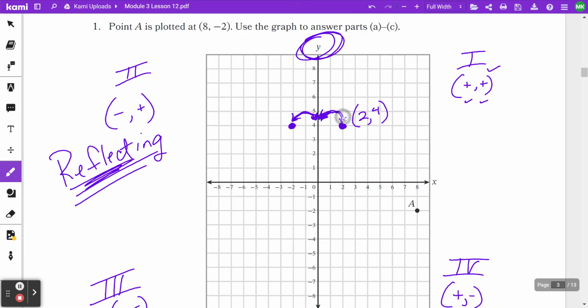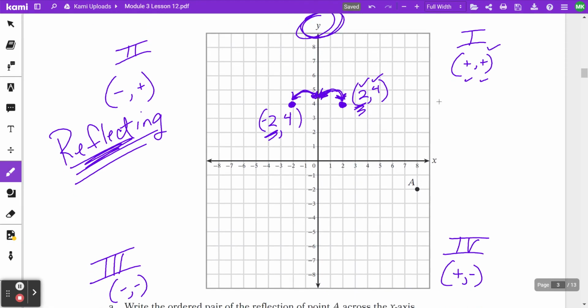Not the same point, but a point on the opposite side of the axis, the same distance from the axis. So what is that actual point? Watch what happens here. The ordered pair 2, 4 is now the ordered pair negative 2, 4. And notice the difference: I went from a positive x value to a negative x value.